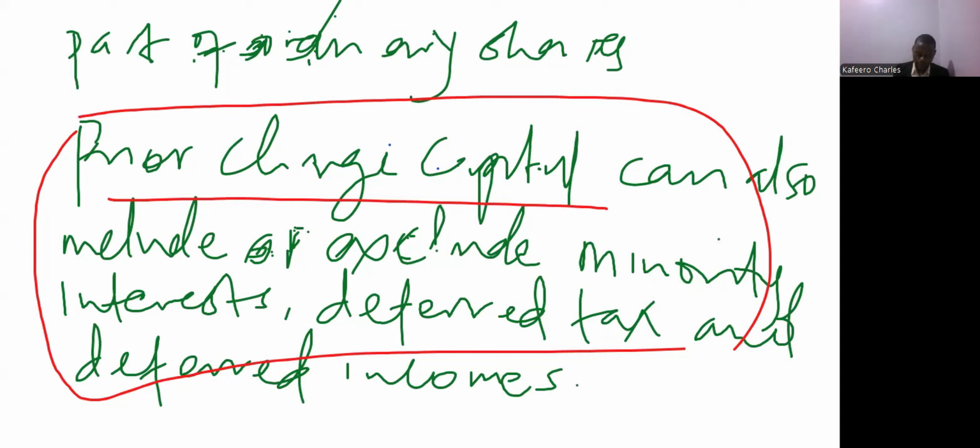So you need to be careful, because that information will be available in the financial statements, specifically the balance sheet. So you may find that you have capital in the balance sheet, because I'm trying to explain the prior charge capital.